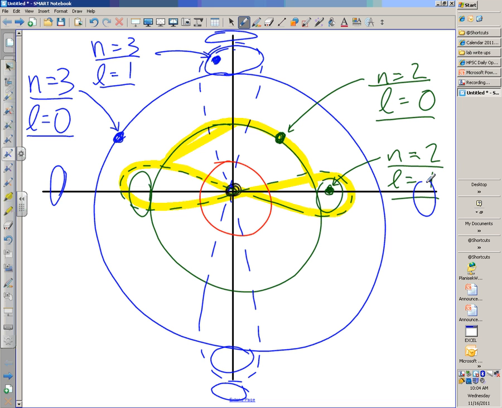If I have an electron right here, N is still equal to 3 because it's still in the third energy level. But now, because it's in a d orbital, L is equal to 2. It's still the same city as the other two orbitals, but now it's on a different street.